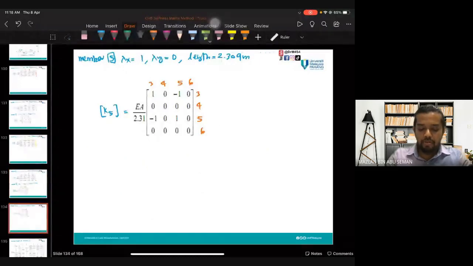Small k5. Please differentiate between stiffness for a member and stiffness for the overall structure. For a member it is small k, and for the overall structure it is capital K. Do the same numbering method. We get 3, 4, 5, 6 for member 5.